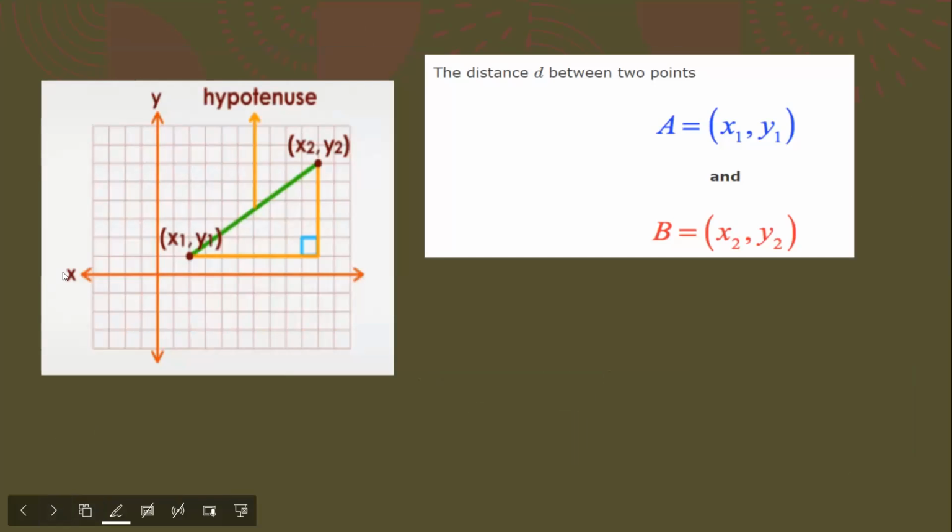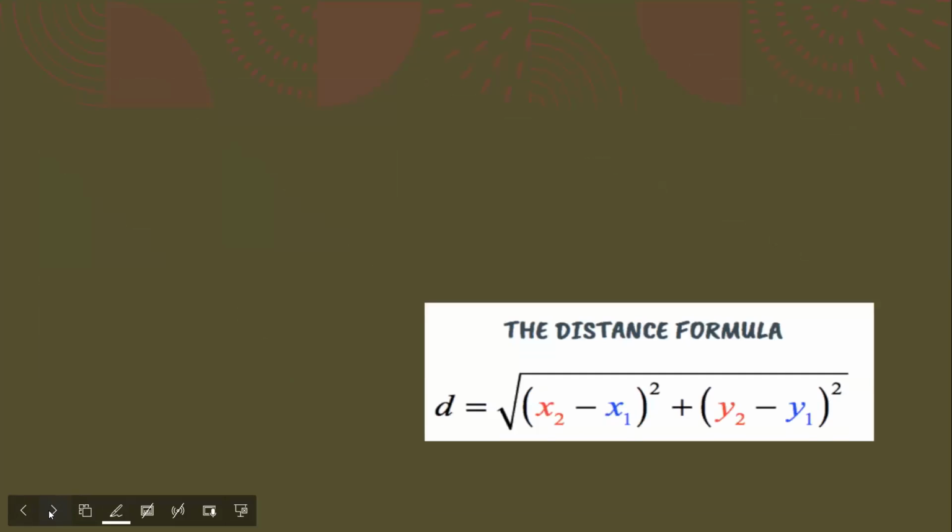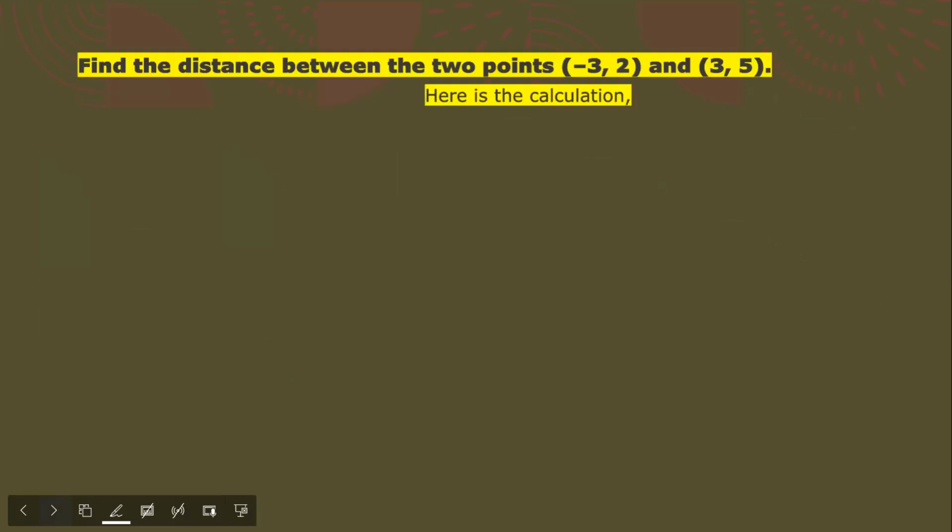Here, this is the Cartesian plane, x-axis and y-axis. There are 2 points, x1, y1 and x2, y2. This green line segment is the hypotenuse and d is the distance between the 2 points. So the distance formula is d equals the square root of (x2 minus x1) squared plus (y2 minus y1) squared.